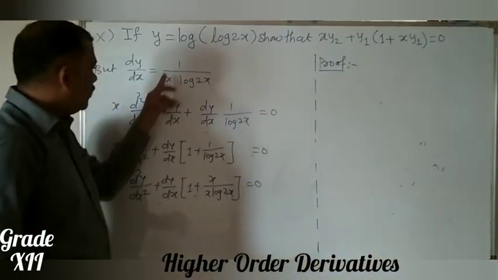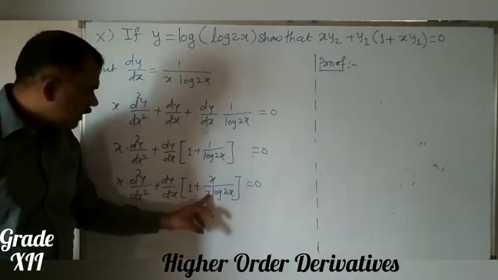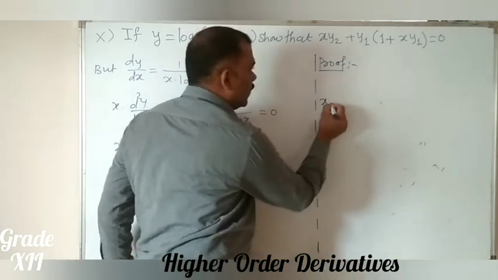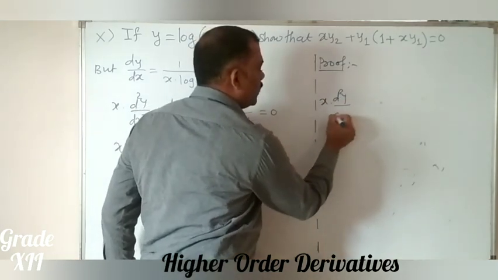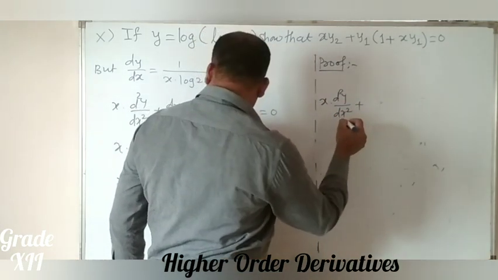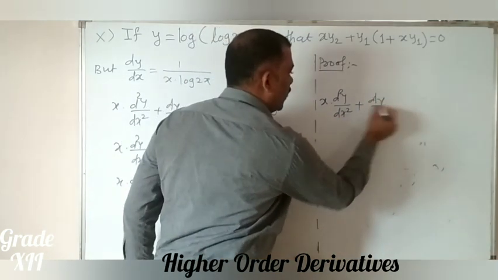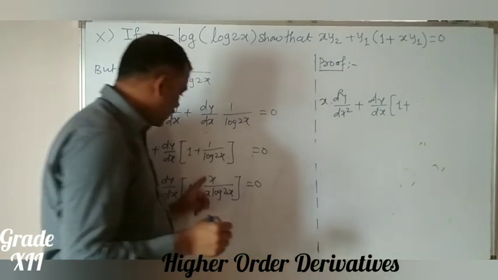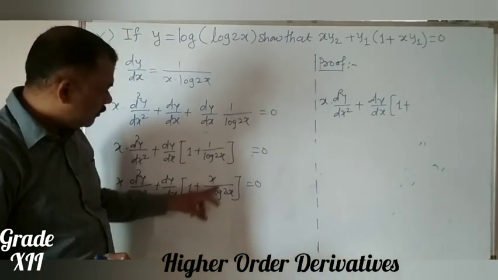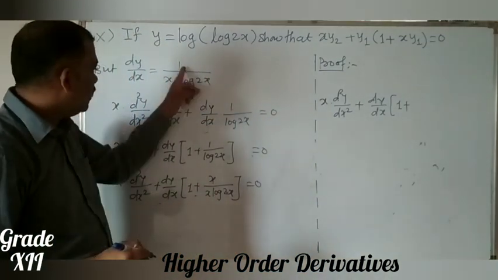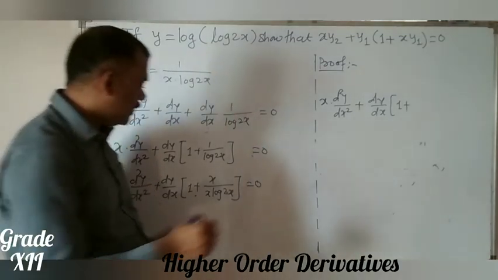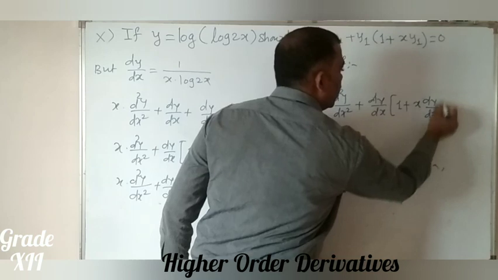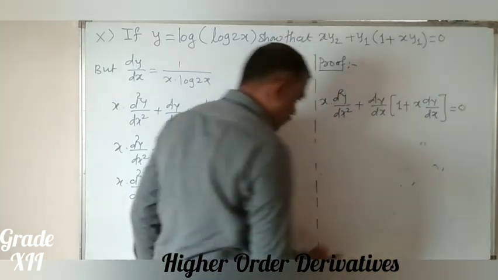Here 1 upon x into log of 2x is nothing but the dy by dx, so that we can write x into d2y by dx square plus dy by dx into bracket 1 plus x into, we can write only the value of this, 1 upon x into log of 2x is nothing but dy by dx, so that we can write x into dy by dx is equal to 0.